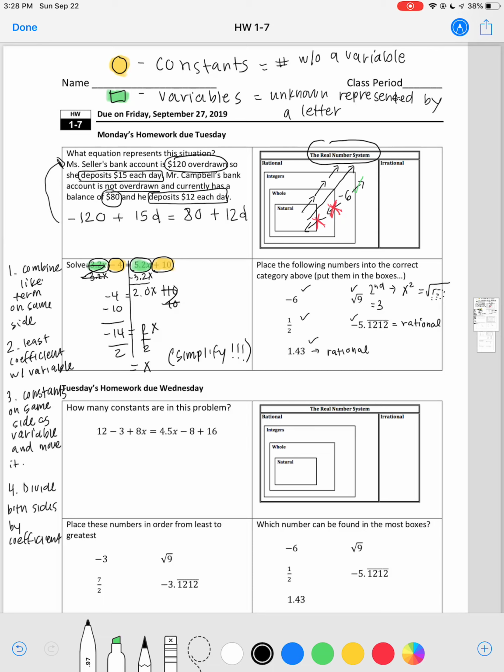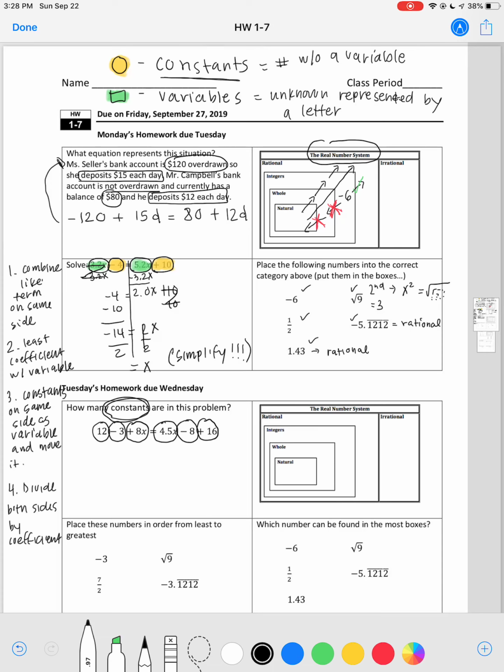Okay, how many constants are in this problem? So our constants. We have constants up here at the top. Constants are numbers without a variable. So we have our terms in this equation. So these are my terms, but which ones are my constants?